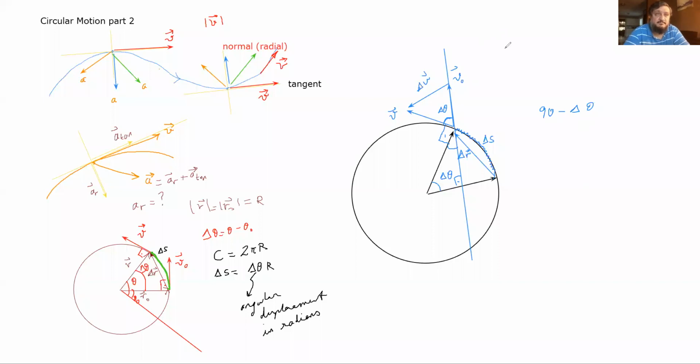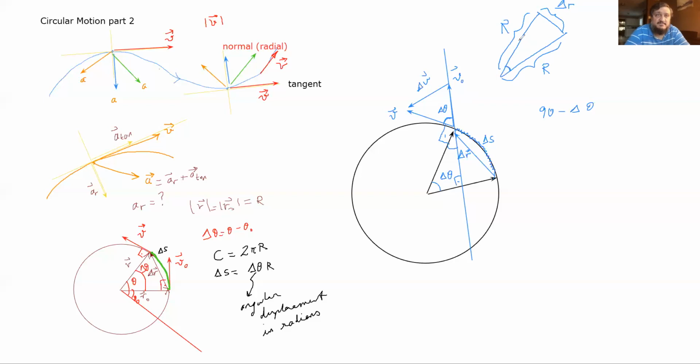First triangle, let's say it's this one, with sides equal to r and delta r. And another triangle right there, which shares the same angle, this angle here, delta theta.